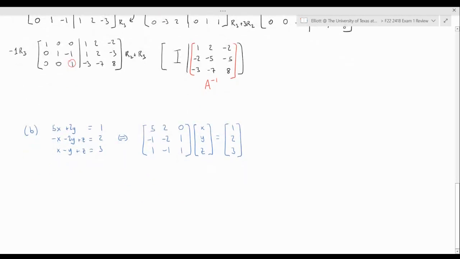All right, so in order to get the solution to this equation, what we can do is if you multiply both sides of the equation on the left by the inverse matrix, okay? What happens is A inverse times A gives you the identity matrix.